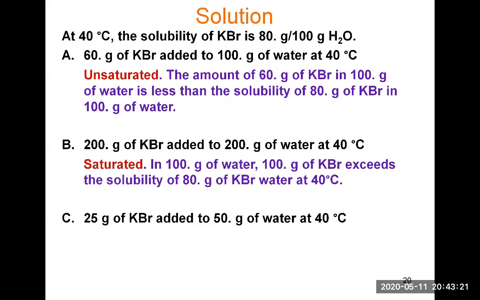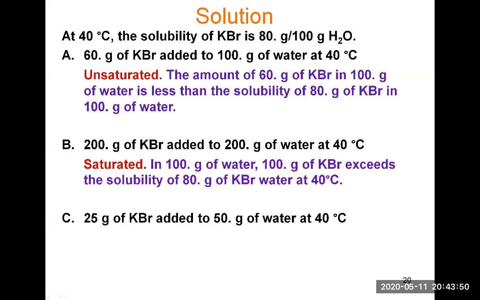So the solution here shows you that instead of multiplying the solubility by 2, it's dividing the given amount here by 2. So instead of comparing to 200 grams of water, if we divide that by 2, so let's say we have only 100 grams of water and we are trying then to put 100 grams of KBr, because you divide that amount also by 2.